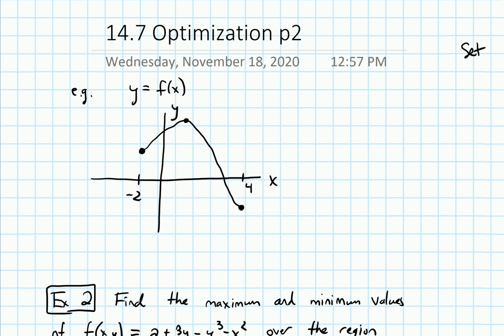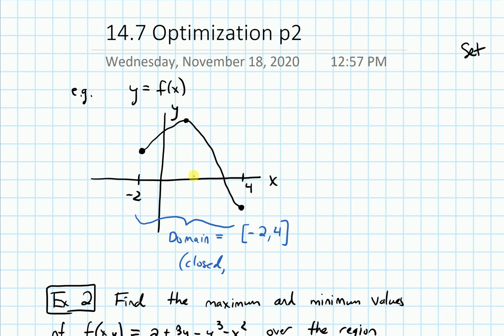So based off of this graph, we can see that the domain stretches from where x is -2 to where x is 4. So the domain here is the closed interval from -2 to 4. It includes those endpoints. So this domain is a closed region.